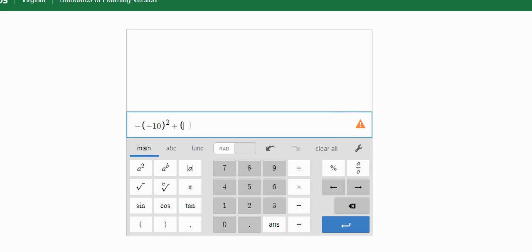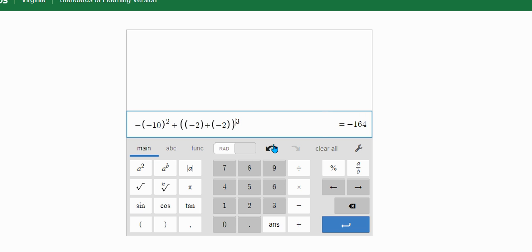Then plus, in parentheses, negative 2, plus another negative 2, also gets its own set of parentheses. Then we close that grouping symbol, and then we raise that to the third power. Again, you could click this, and then type 3, or actually, if you wanted to, you could hit that, and then change that into a 3. Either way, you should get negative 164.